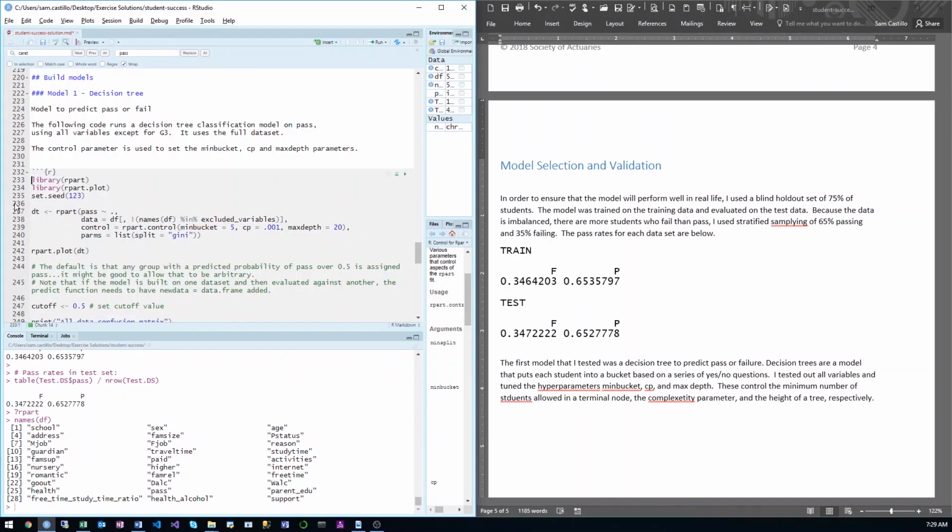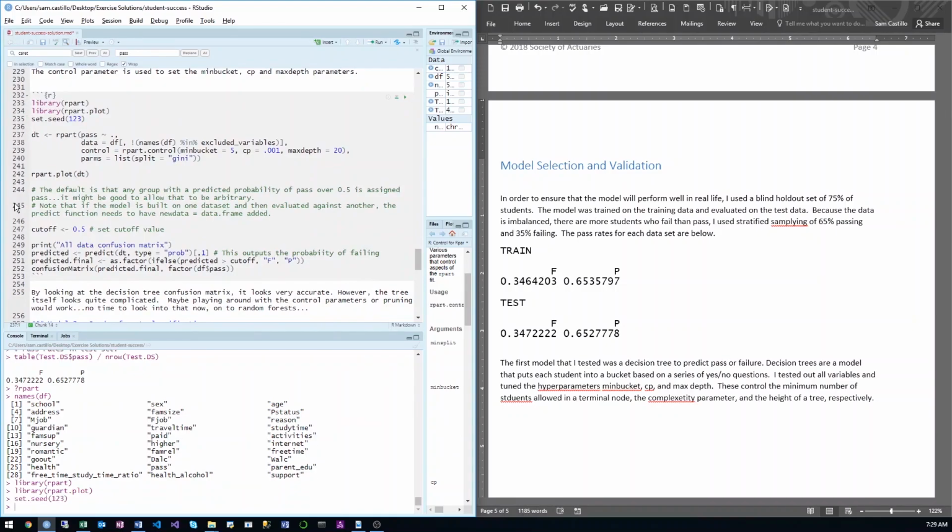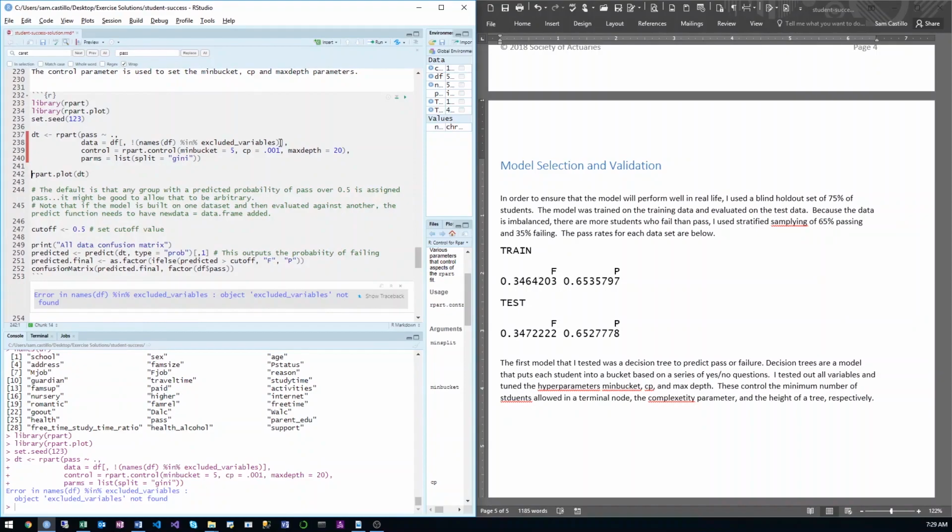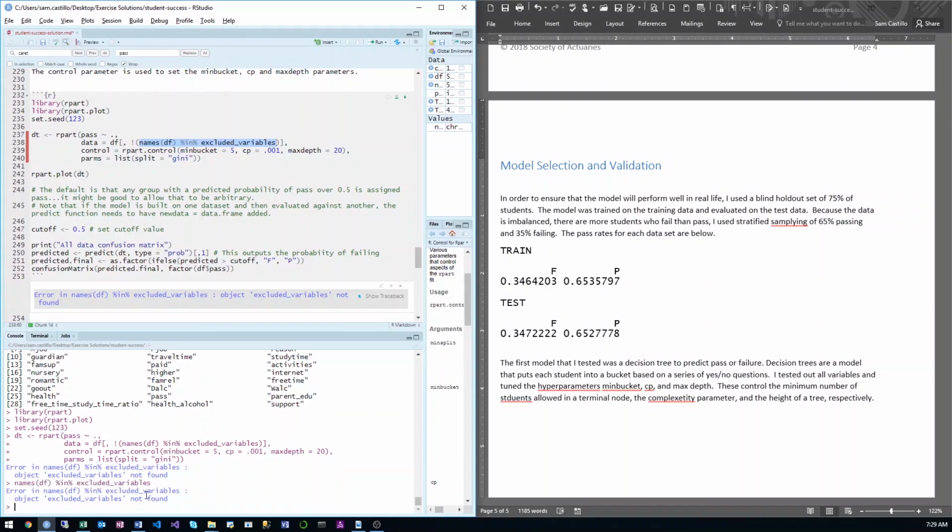Okay, so they load rpart and they set the random number generator seed, and they want to take data and then take all of the names except for those that are excluded. So if you just run this section, well, you know excluded variables is G3, right?